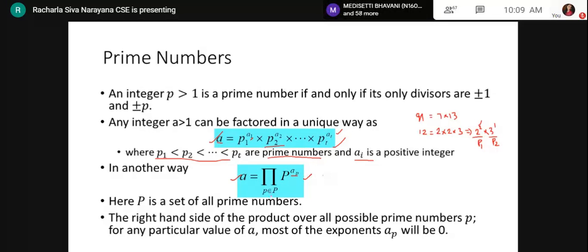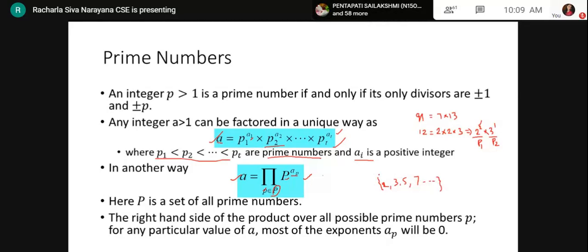Here capital P is the set of all prime numbers. From this capital P we are selecting prime numbers. The set of prime numbers means 2, 3, 5, 7, and so on. So this is capital P.